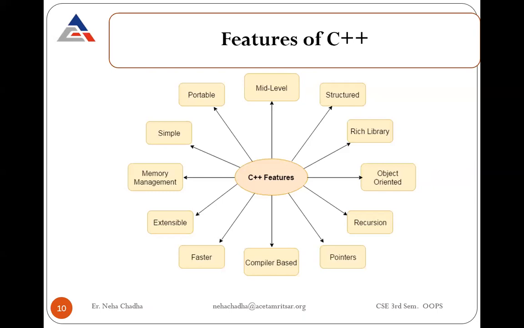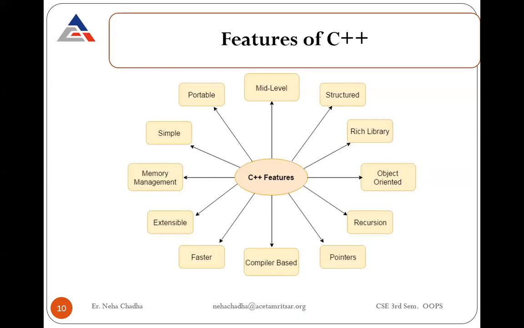Then the recursion. In C++, we call the function with the function. That means a function call itself is called the recursion. Extensible. C++ is extensible because it can easily adopt new features. New features, that means enhancement is possible here. Object-oriented.